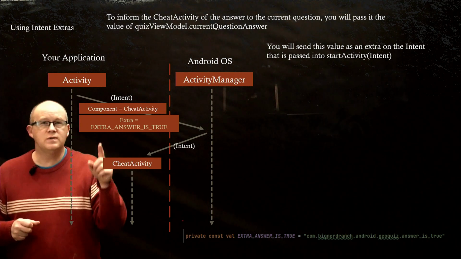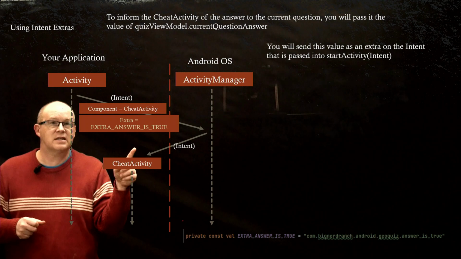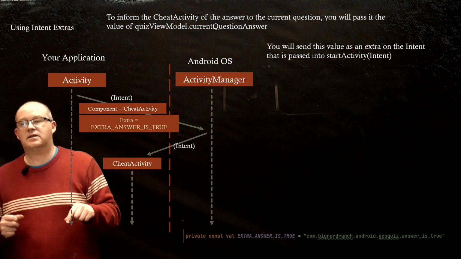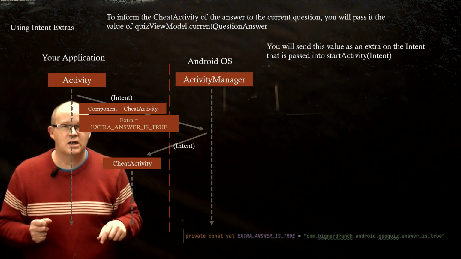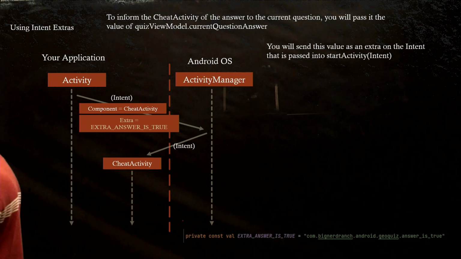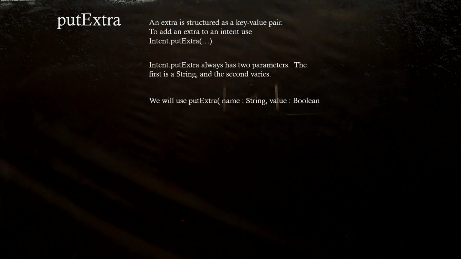In order to use that, I don't think it says on this slide, but we're going to use intent.putExtra. No, it doesn't say down there. But this is an updated picture that we've seen before using the intent and the activity manager, but this time you see in the picture that we're sending along some extra data. All right, here it is.